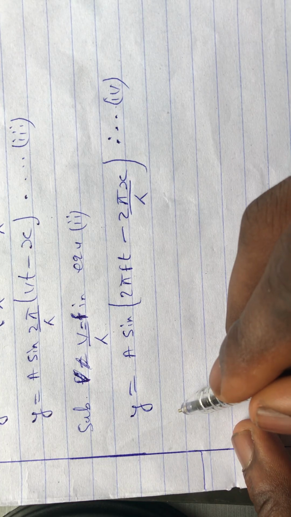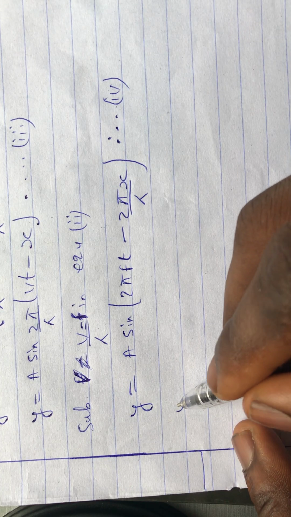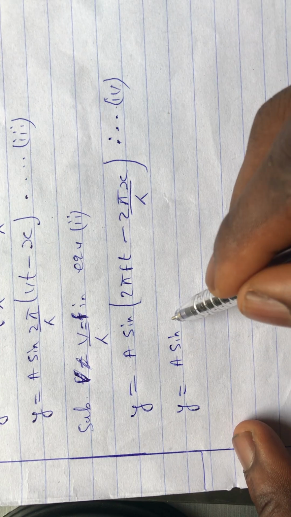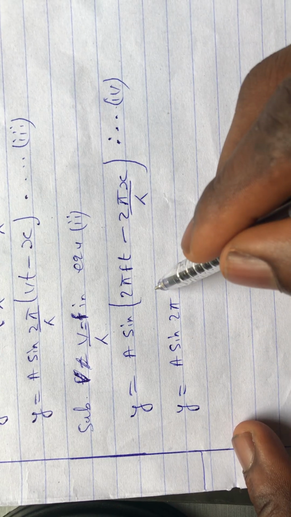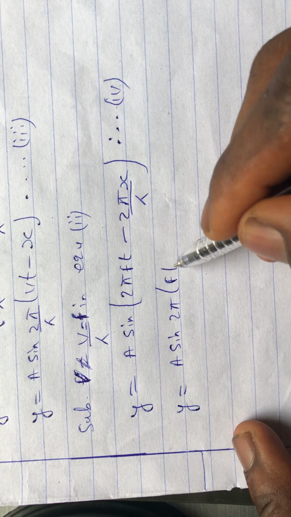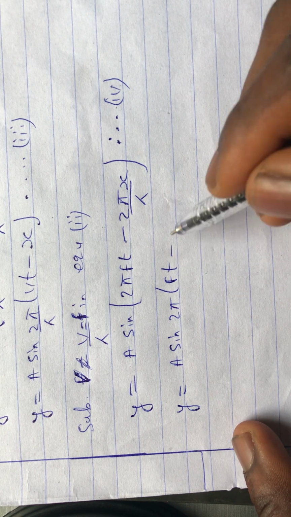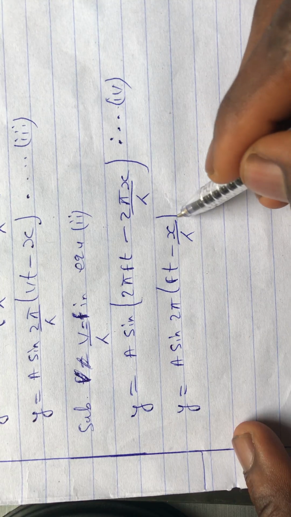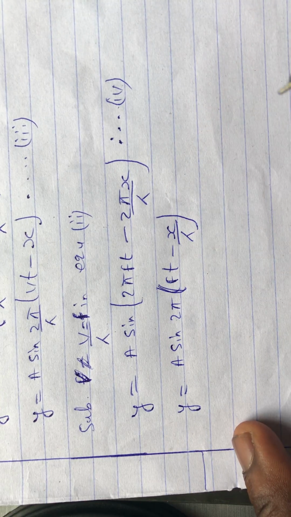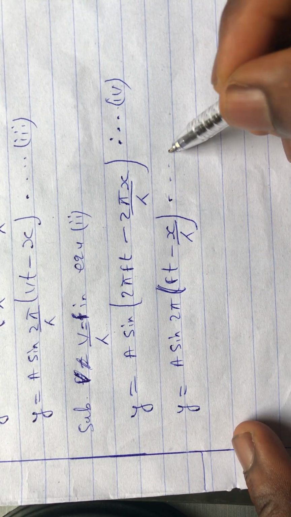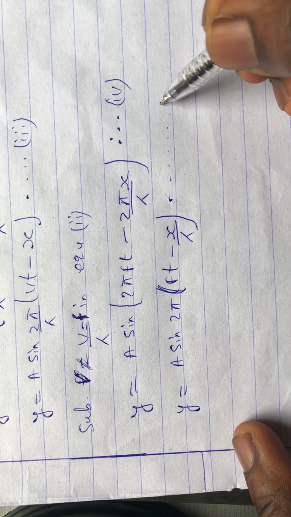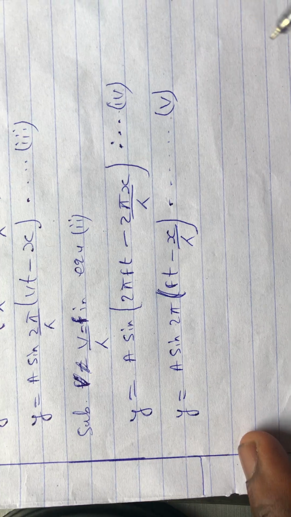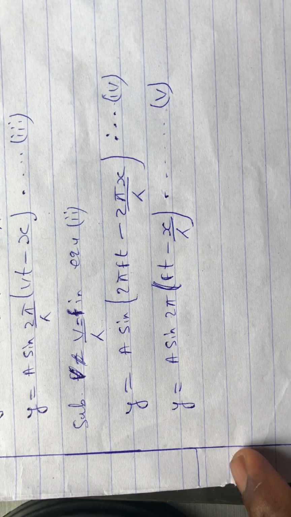When you factorize it out, you're going to have y equals a sine 2 pi bracket ft minus x all over lambda close bracket. This is our equation V, Roman figure V. That's equation 5.